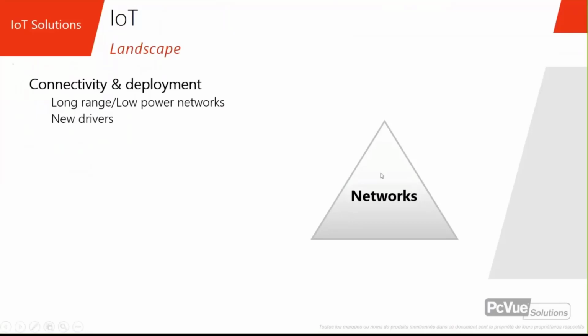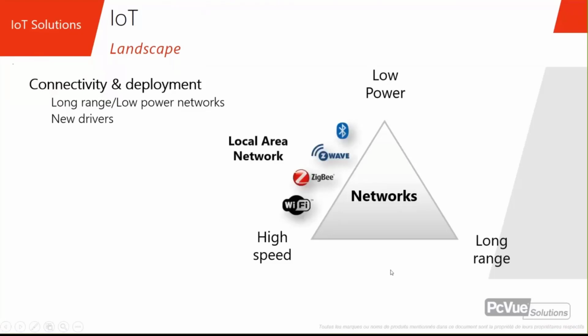But if we take a look at the diagram on the right of the networks, we can see that there are three criteria: the power, the speed, and the range. We have local area networks, which by definition are local, so not long range, but short range, with high speed and low power. Here we talk about Wi-Fi, Bluetooth, and so on.